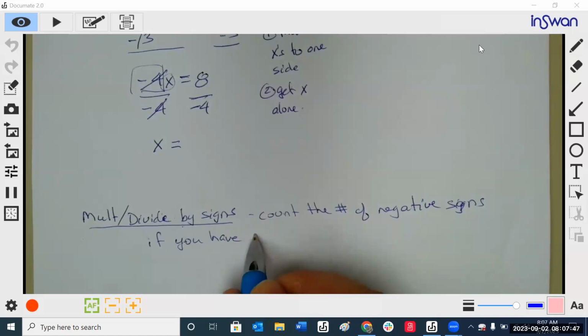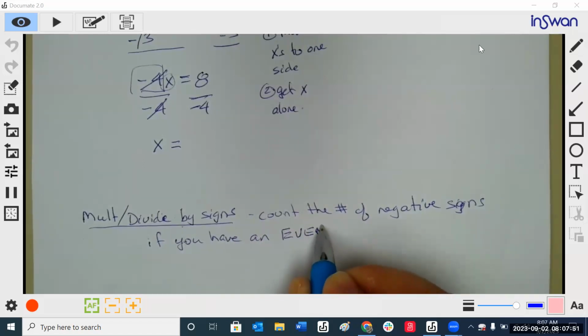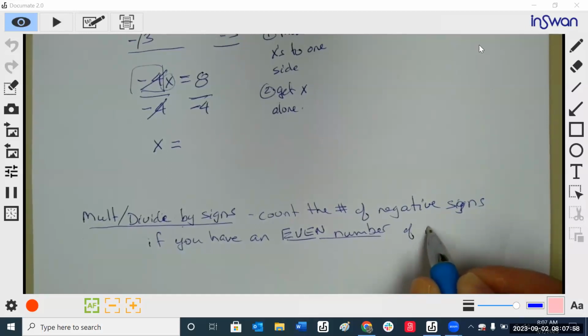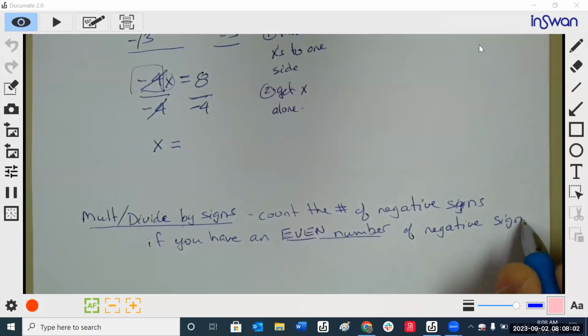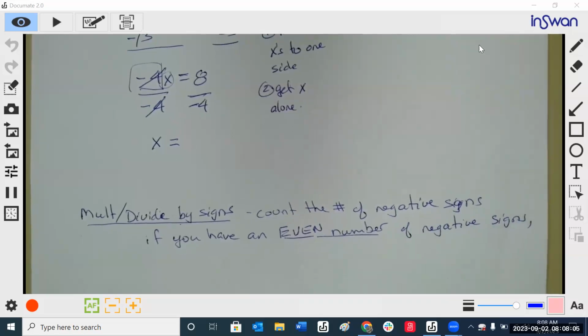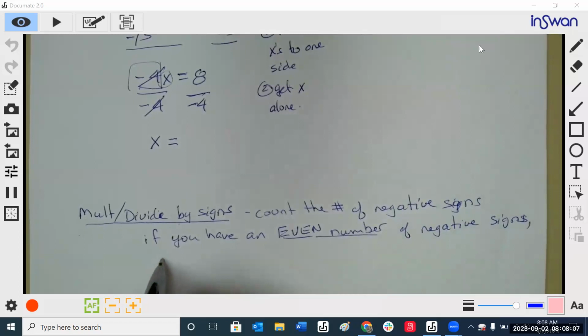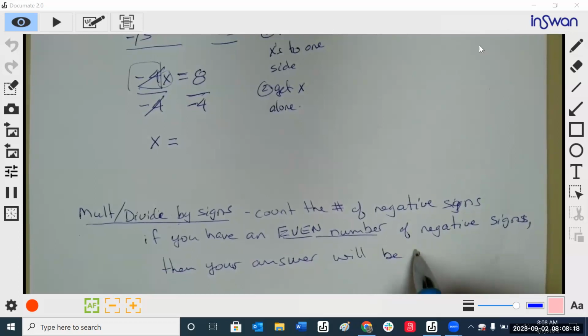If you have an even number of negative signs, then your answer will be positive.